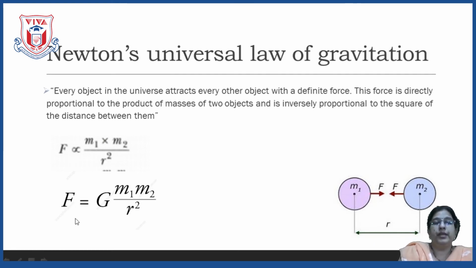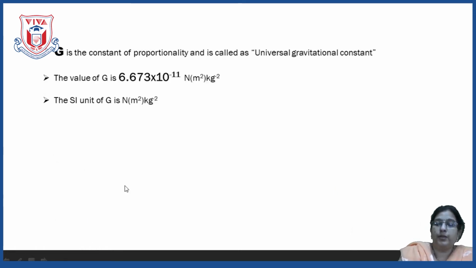Now, this m1, m2 will come down. The unit of mass is kg. So, kg into kg will be kg square. So, Newton meter square upon kg square. Now, to bring this kg square to the top, that is, in the numerator, according to the law of indices, when the index changes its position, it becomes opposite.